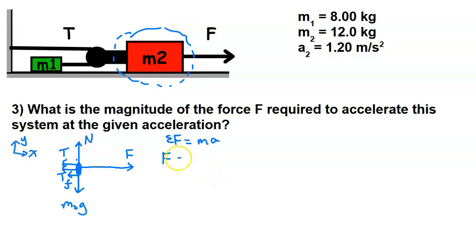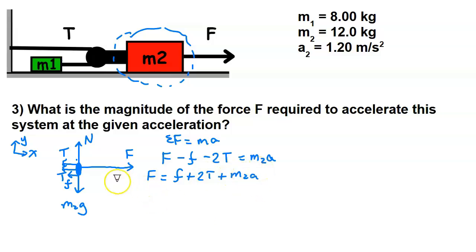So we have F minus friction, minus two T's, equal to m2a. And we're solving for F. So let's isolate F. F is equal to friction plus the two T's plus m2a, since if we move these over, friction and the two T's will be positive.